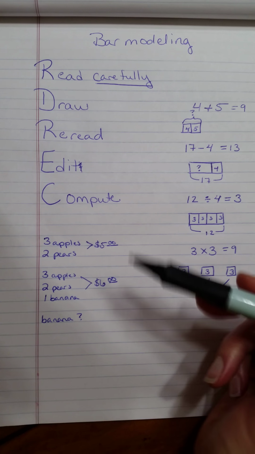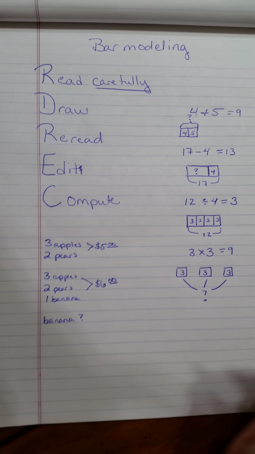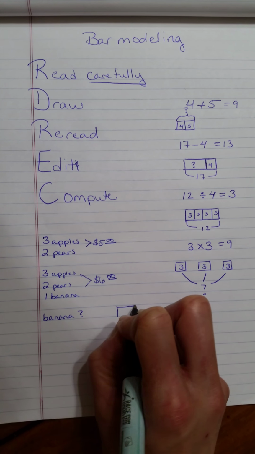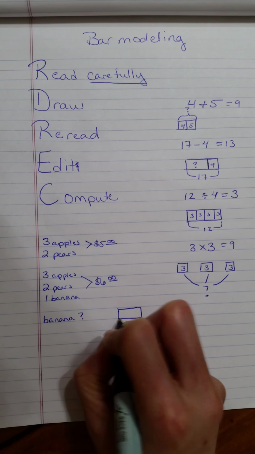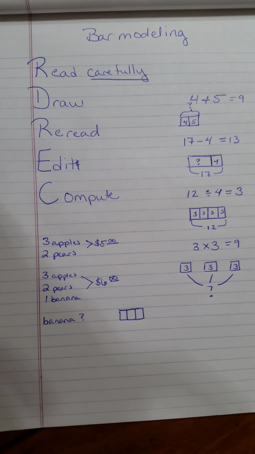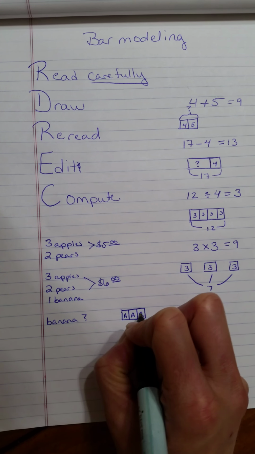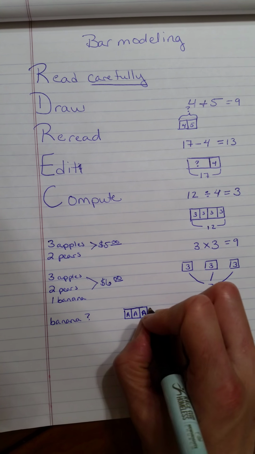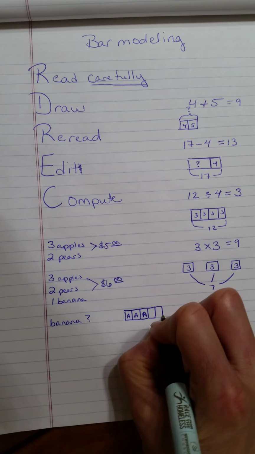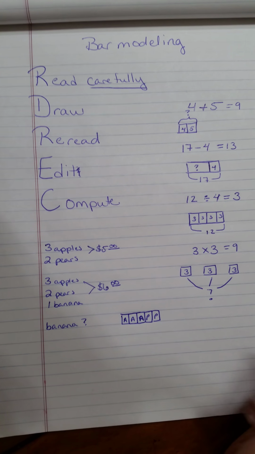All right, so the first thing I need to do is read carefully. Then I want to draw the information that I've been given. So I can see that I have 3 apples and 2 pears in the first one.